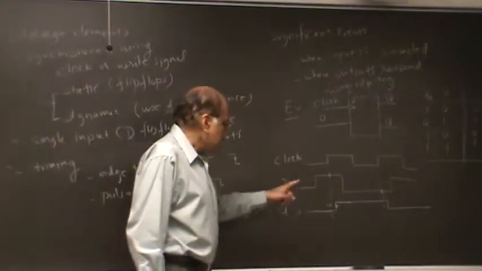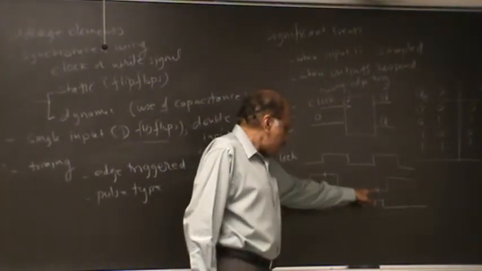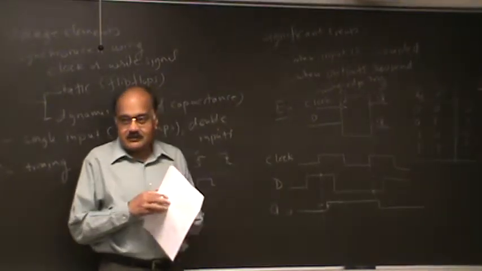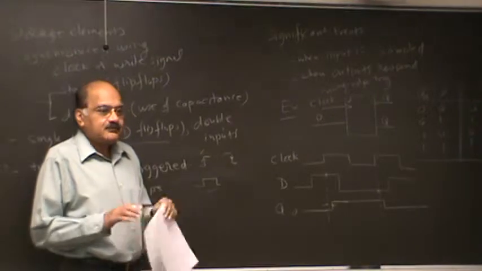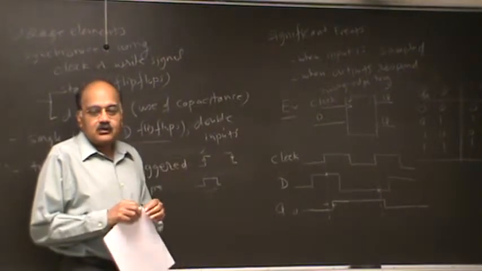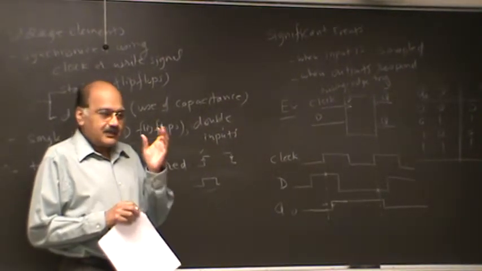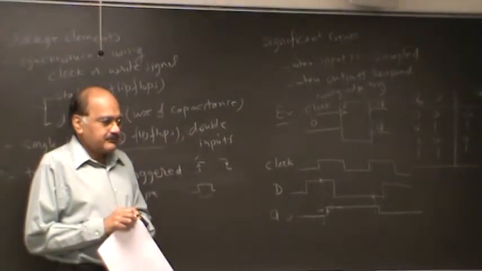And notice that during sampling, the inputs must remain stable. If they are not stable, then the flip-flop may get confused. You will not know whether it is going to sample a 0 or a 1.